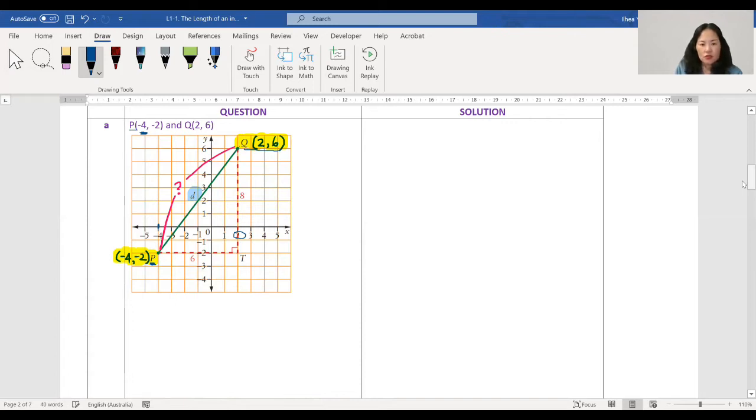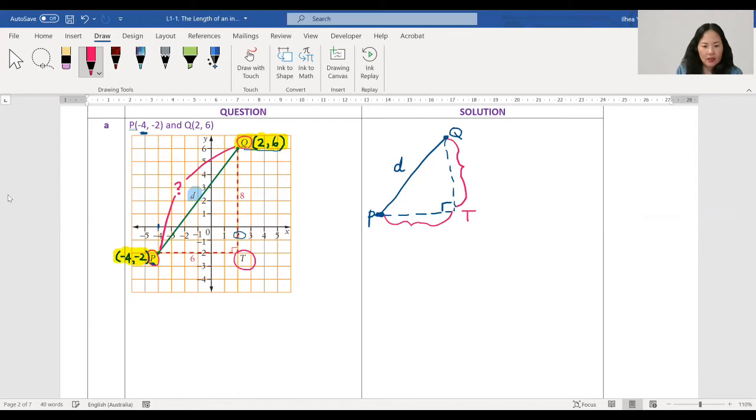So I'm just going to draw a right angle triangle here, and that's D, P, and that's Q here. I need to find the distance, okay, that's my T here. I need to find this distance and this distance. When you look at the number plane, I'm doing the distance of PT right now.